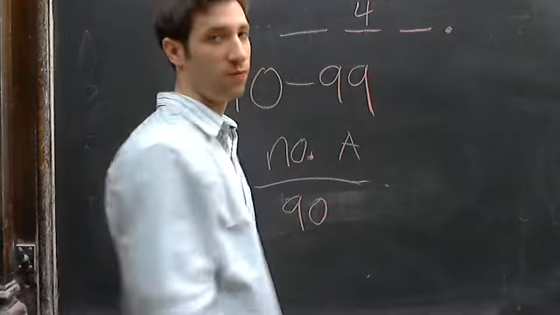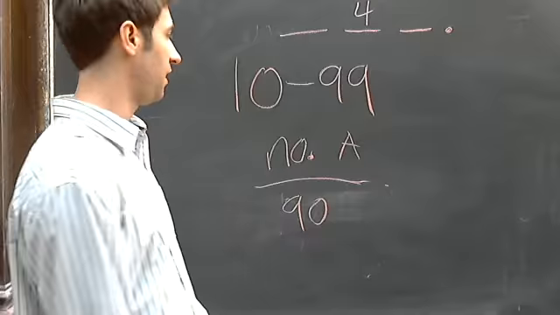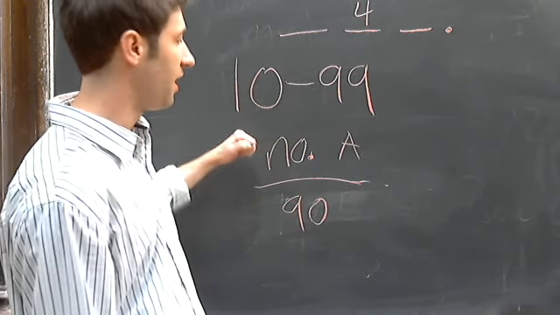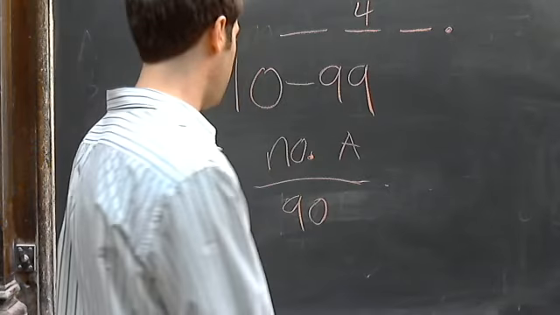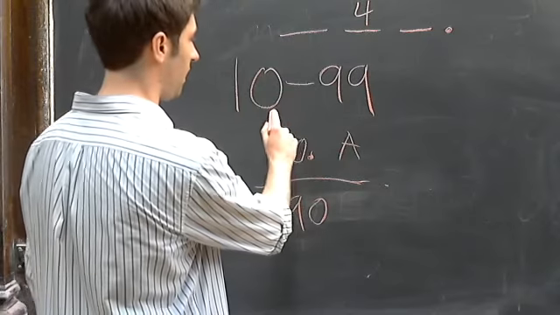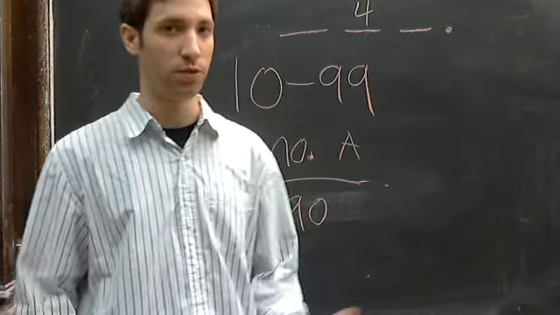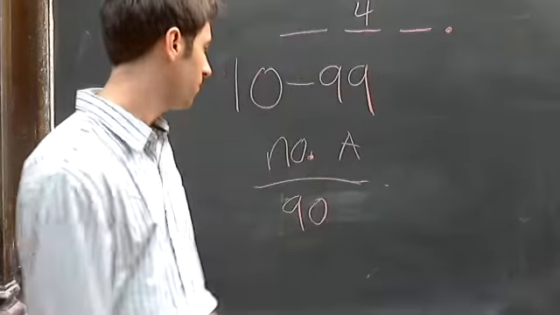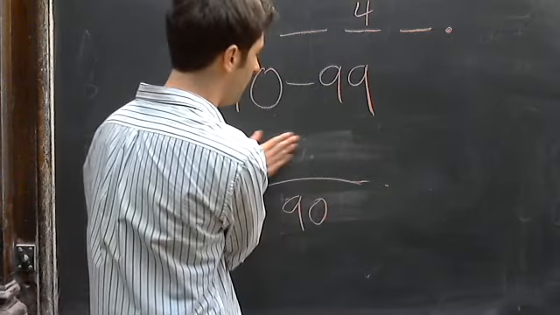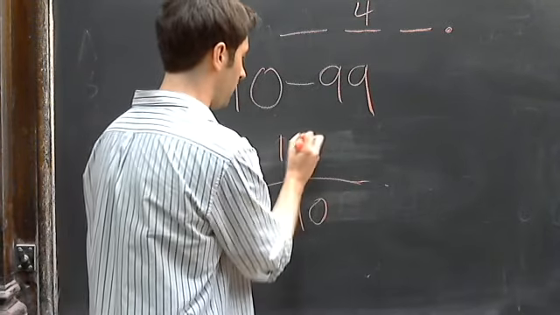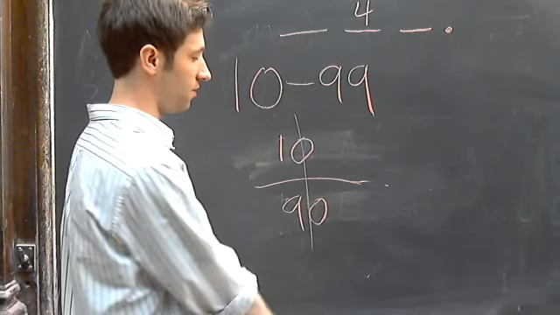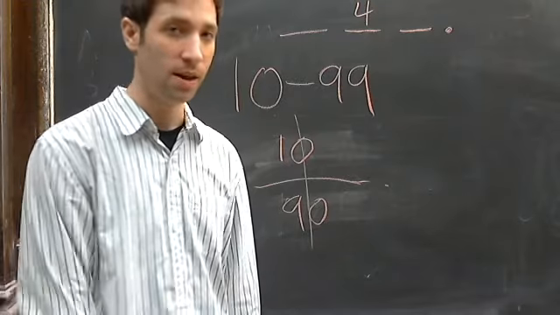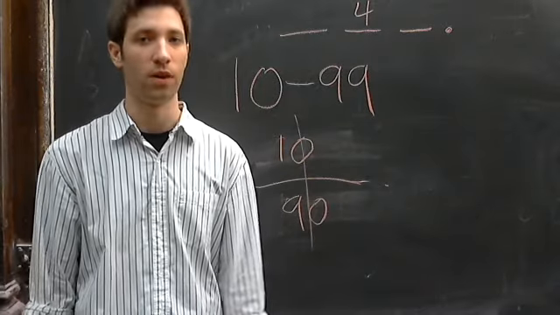Whatever falls within our 40s is going to be something that we can put in A as an occurrence of A in this example. In this case, we're looking at anything in the 40s, so 40 through 49, that's going to be 10 numbers. So for the answer A, we can just put in 10 over 90, and we can simplify that down really easily. The zeros just cancel, and you get 1 over 9. So that's going to be the answer for A.